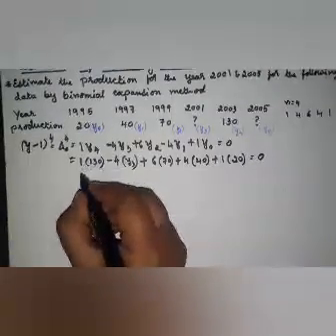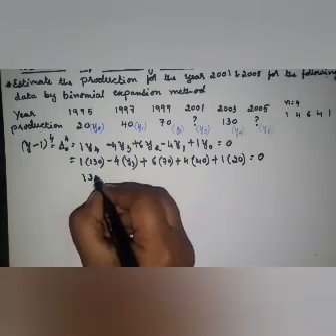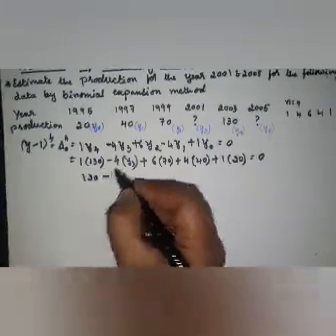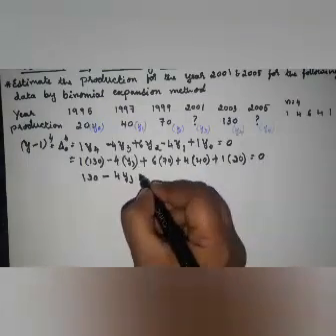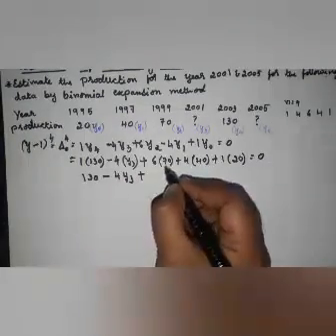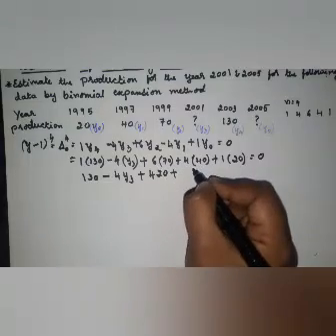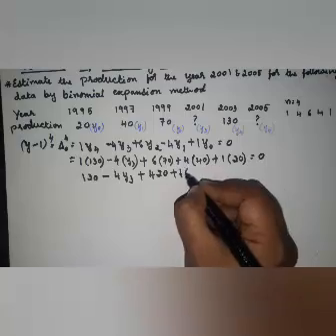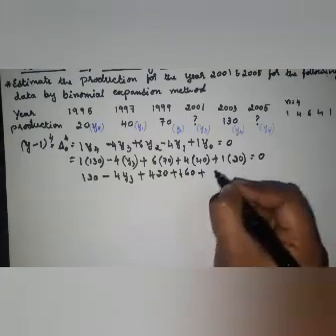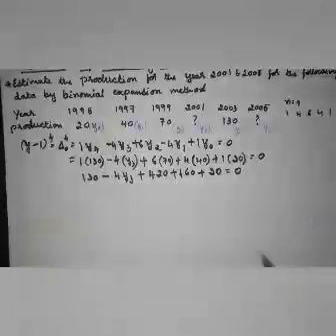Multiplying: 130 minus 4y3 plus 6 into 70, that is 420, minus 4 into 40, that is 160, plus 20, is equal to 0.